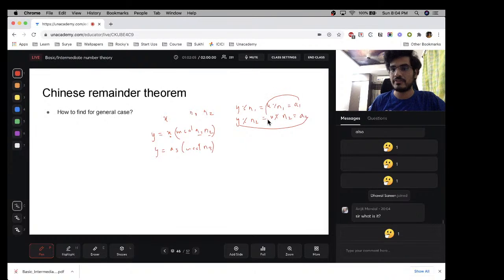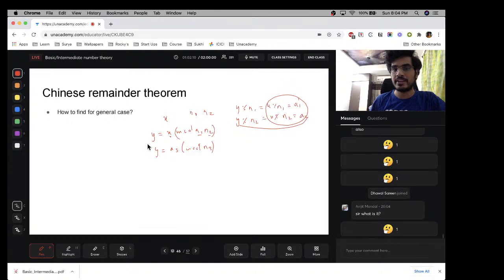For these two set of equations, let's say we found x, then we just need to find such a y for next two. So recursively, iteratively, we find y for a1, a2, a3, n1, n2, n3.